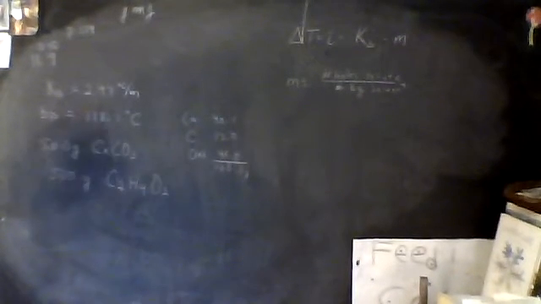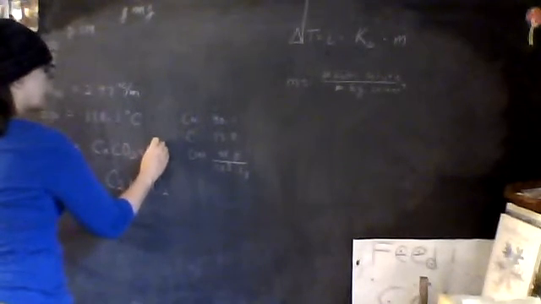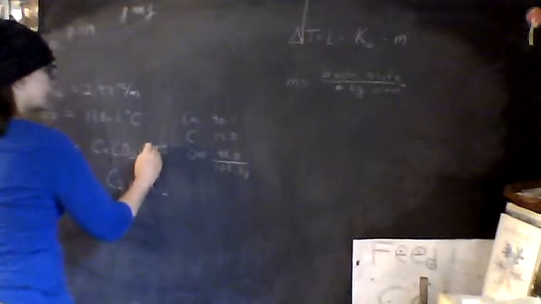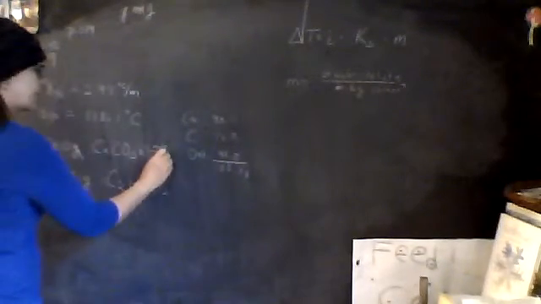So we have 50 grams, and we want moles per gram, so we're going to multiply by 1 mole per 100.1 grams. We're going to have somewhere around half a mole. You'll divide 50 by 100.1.